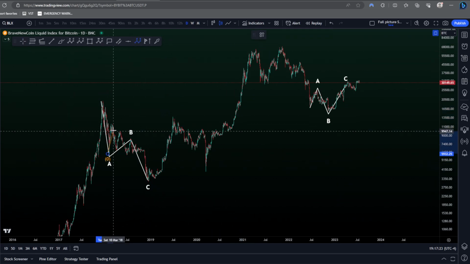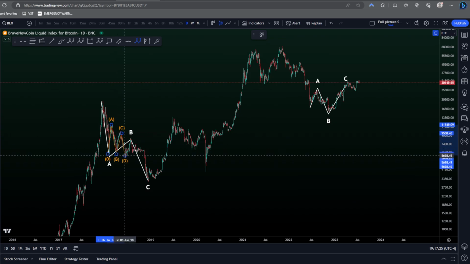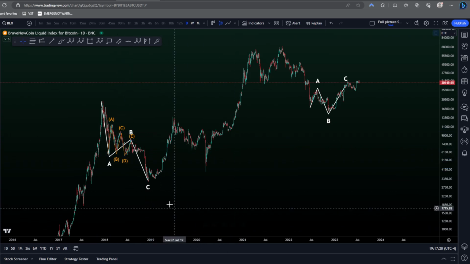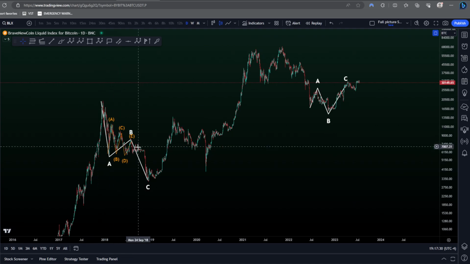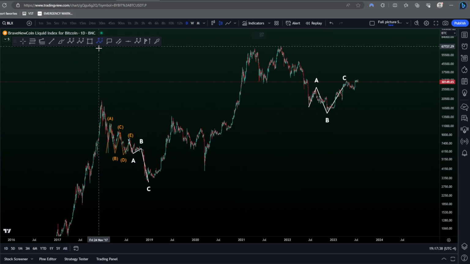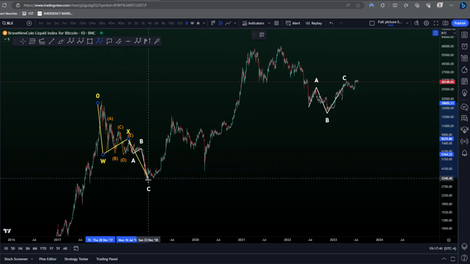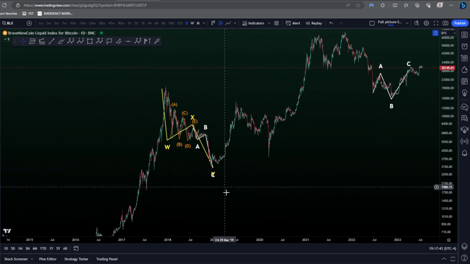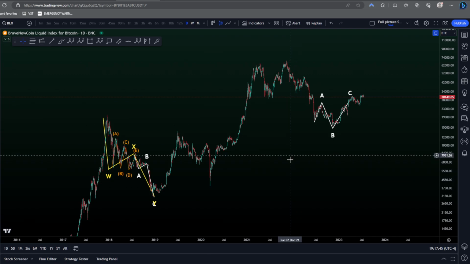Oh. A triangle? Oh. Look at that. It might be a WXY, guys, because there's an ABC to follow. Look at that. So, probably if you zoom in, you have a WXY. And there's your correction. There's your impulse after that.